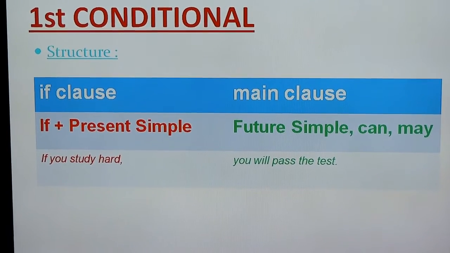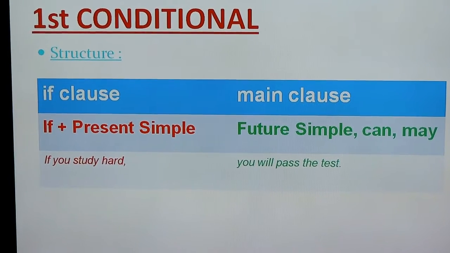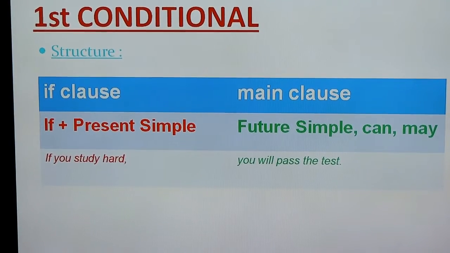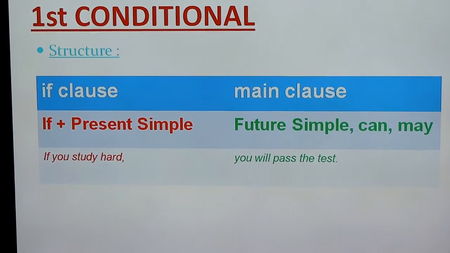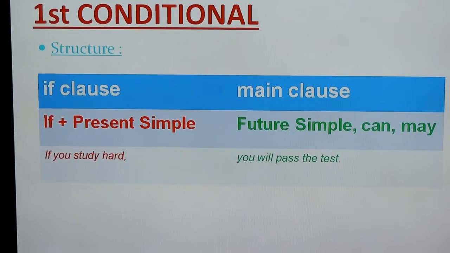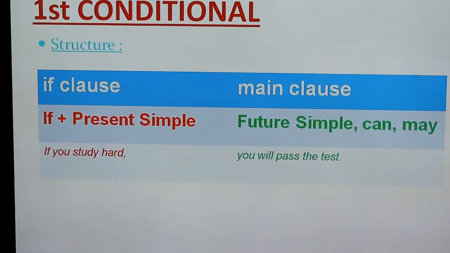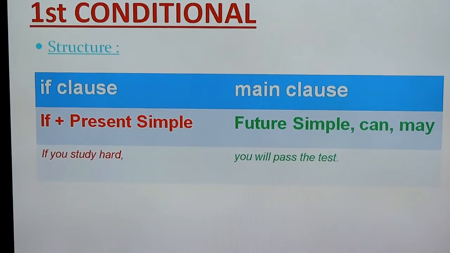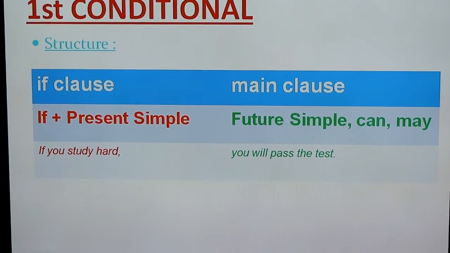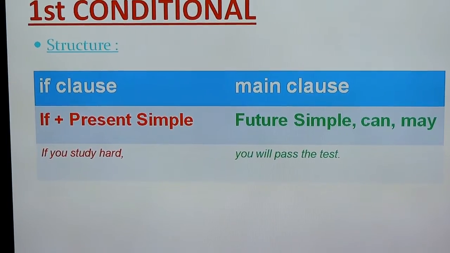It's a condition. If you are a hard worker, you may pass the test, or you will pass the test. But if you don't study hard, this means that you are not going to pass the test. So here we have this small example, and you can do more examples.